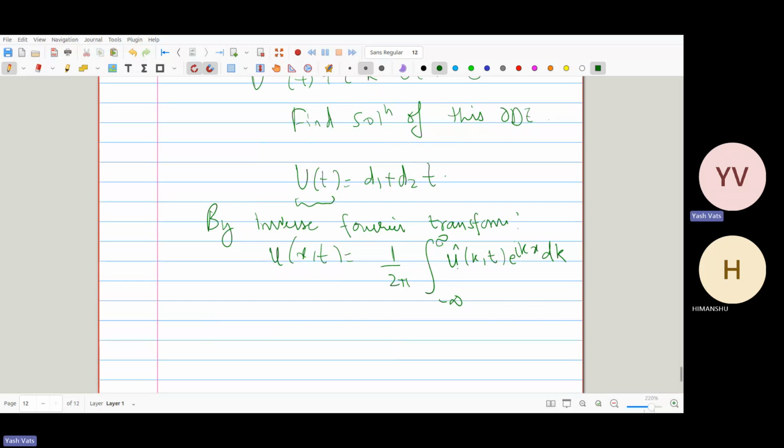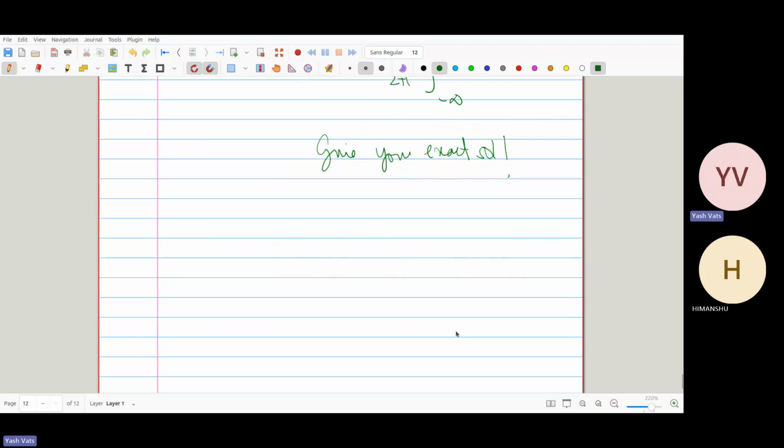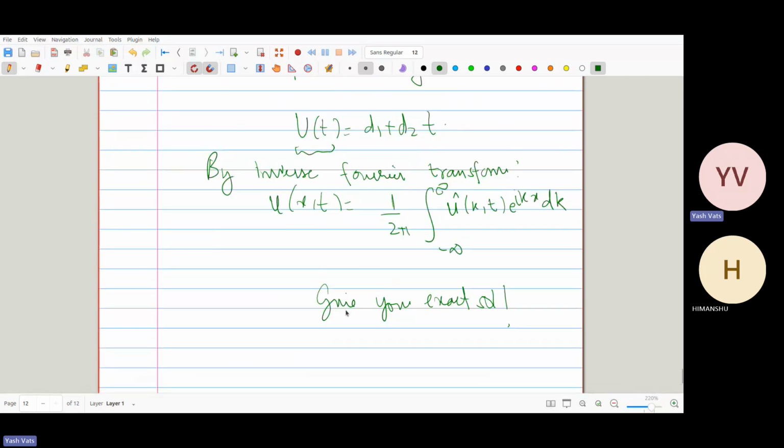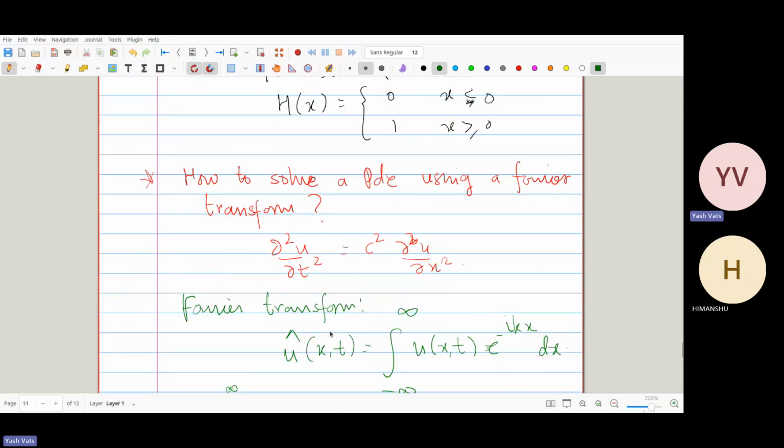It depends on what u hat (k,t) is in this case, and depending on that just try to change it. You substitute there and find u(x,t), which will give you the exact solution.